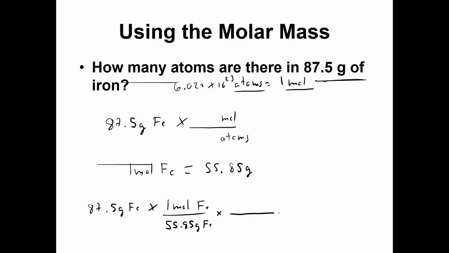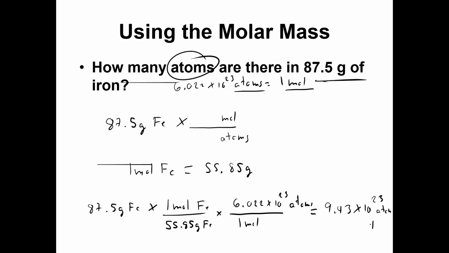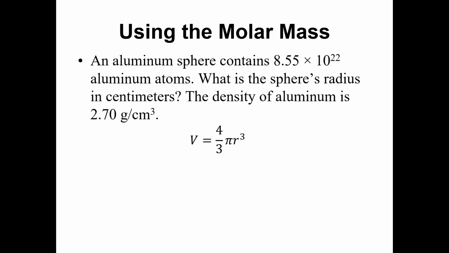And then my next step is I divide by a mole, 1 mole, and I multiply by Avogadro's number, 6.022 times 10 to the 23 atoms. It's asking me for atoms, so that should be the right answer, and I get 9.43 times 10 to the 23 atoms of iron.